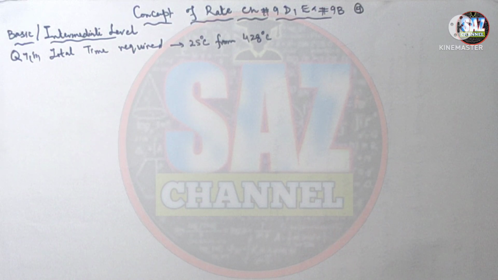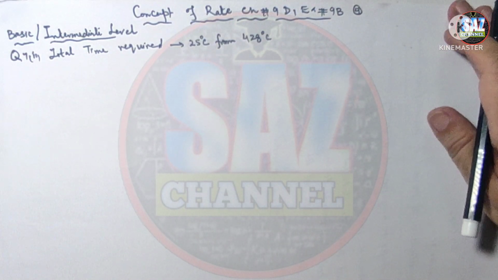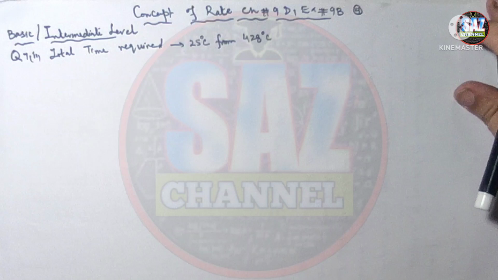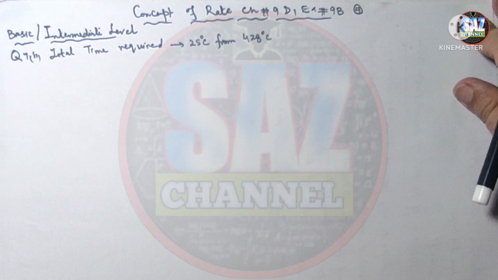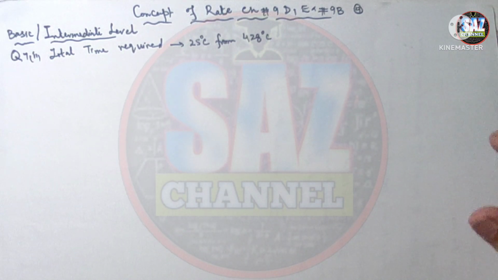Let's try to understand the question: in this part we need to find the total time taken for the metal to reach 25 degrees centigrade from 428 degrees centigrade.